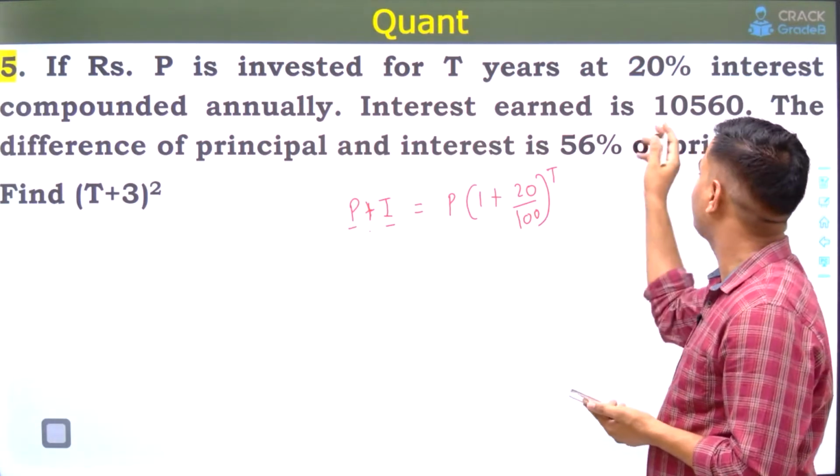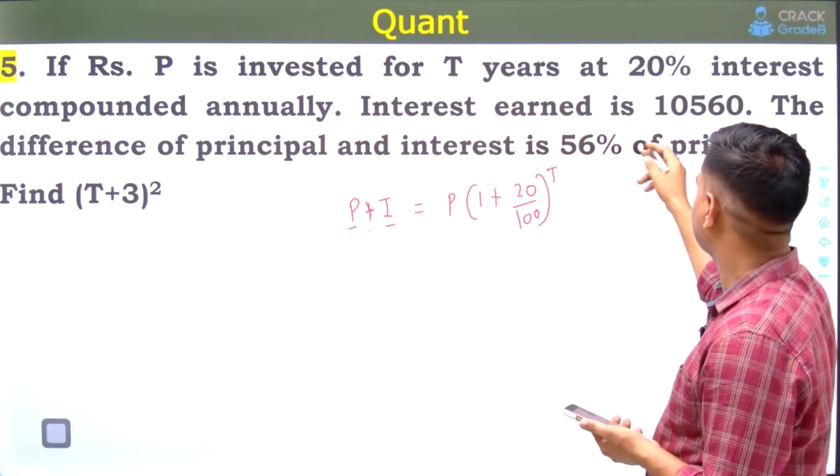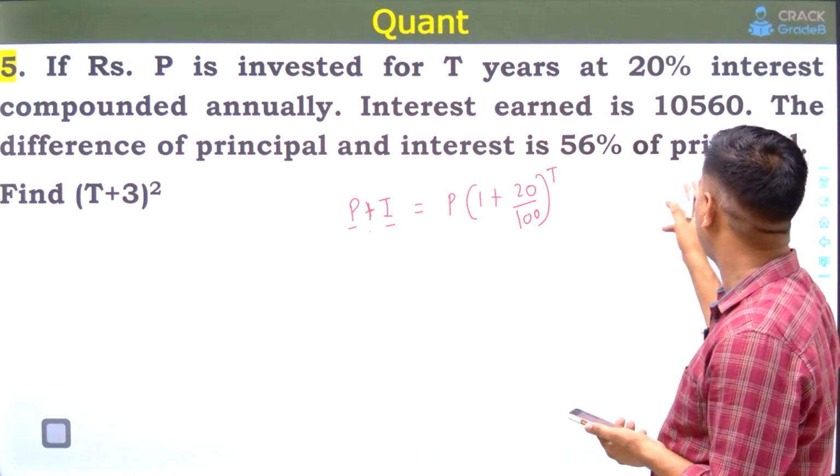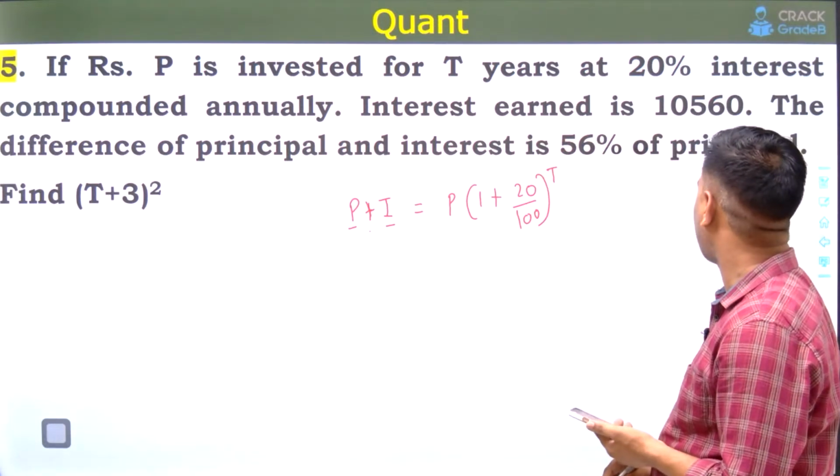T is not given, we have to calculate. Then interest I is given, 10560.